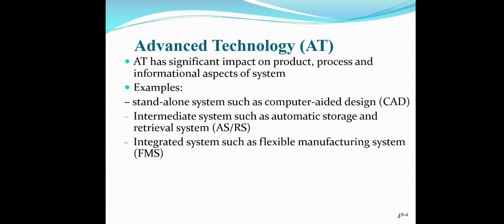I think the main point here is, and most of us know, that advanced technology allows a business to do things from designing, production, management, etc. more quickly and in a more efficient way. That's the main point.